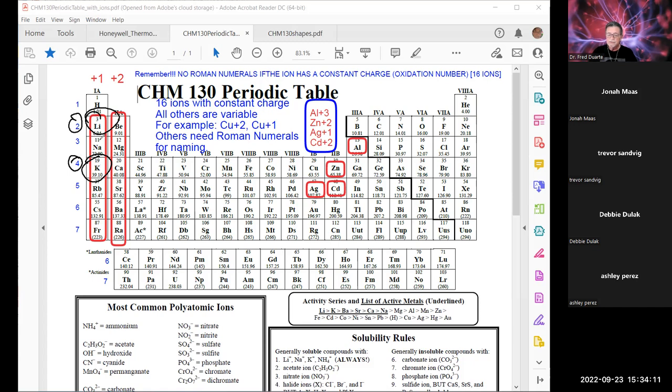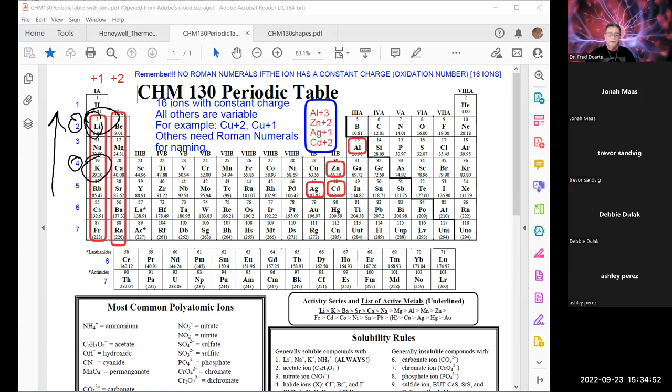So that one electron for lithium is much closer to the nucleus than that one lone electron for potassium, which is 4 energy levels away. So I would anticipate that the ionization energy for lithium would be greater than for potassium, because in potassium's case, its electron is further away from the nucleus and there's less attraction, less force occurring. That explains why, going from bottom to top, the ionization energy increases.